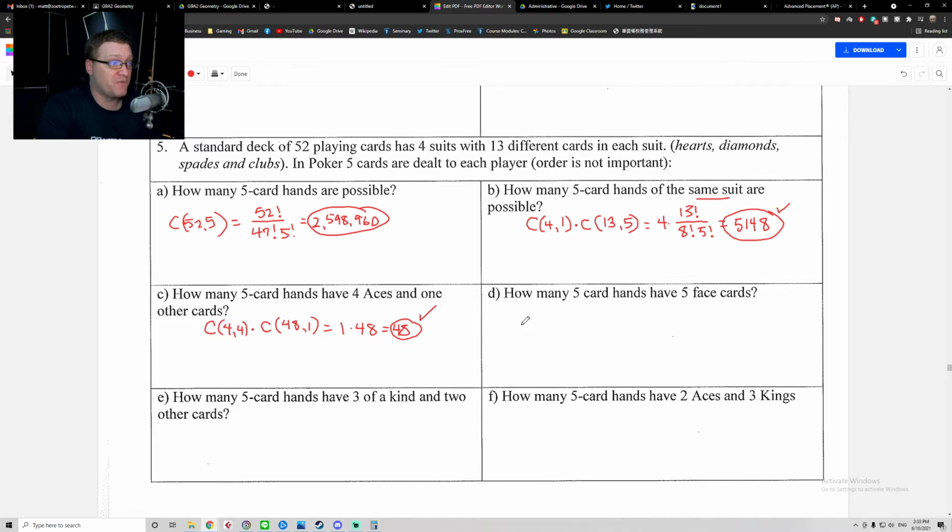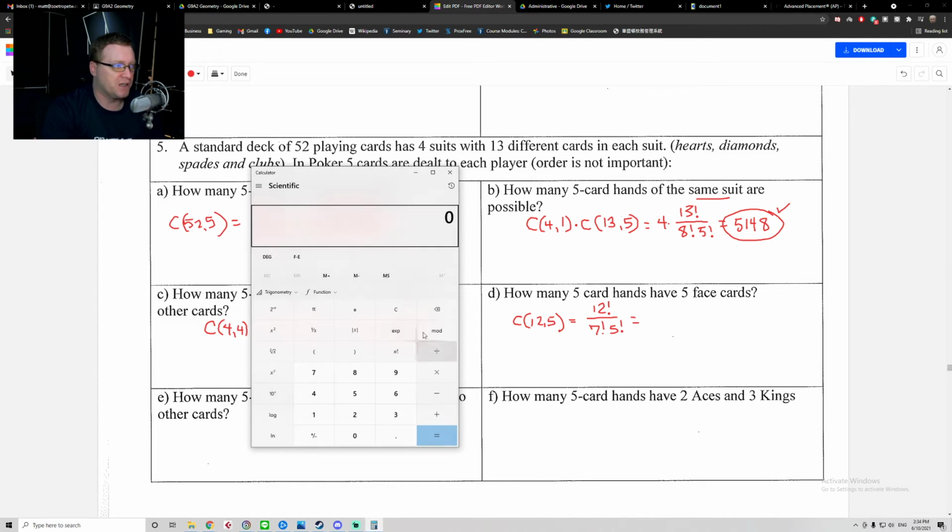So that's going to be very easy to calculate. It just means that, well, there are 12 face cards, and we have to choose 5 of them. That's it. All right, so it's going to be 12 choose 5, which is 12 factorial divided by 12 minus 5, which is 7 factorial, and then 5 factorial. Okay? So what is that going to equal? Well, now I'll pull up the calculator and we'll do this.